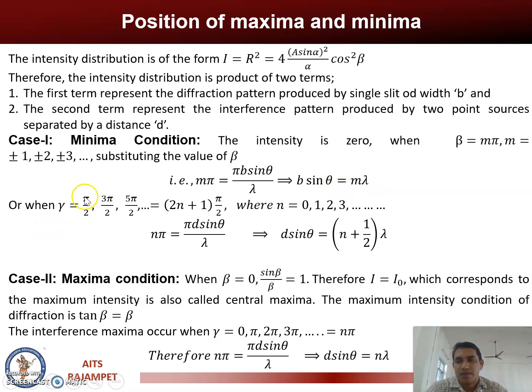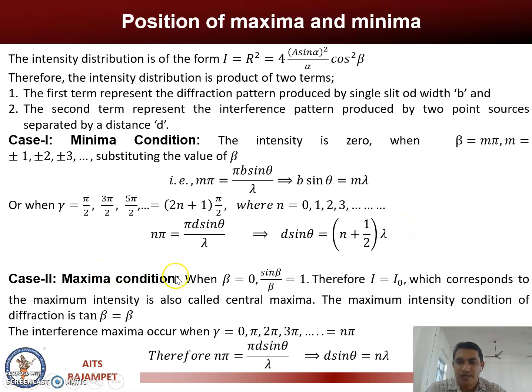Or gamma is equal to pi by 2, 3 pi by 2, 5 pi by 2 and so on, and we can write it like (2n plus 1) pi by 2, where n is equal to 0, 1, 2, 3. Then d sin theta is equal to (n plus 1 by 2) lambda. These are the conditions for minimum intensity.